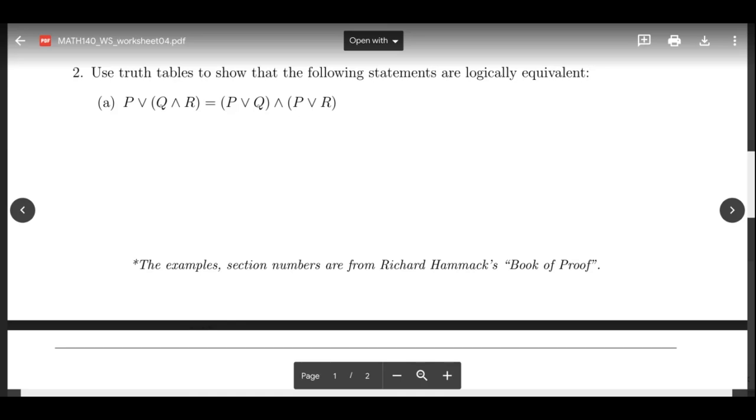Okay, Shamika. Yeah, you need a truth table. The question is use a truth table to show. So you need to create a truth table. Only stating like this is not enough to prove this.